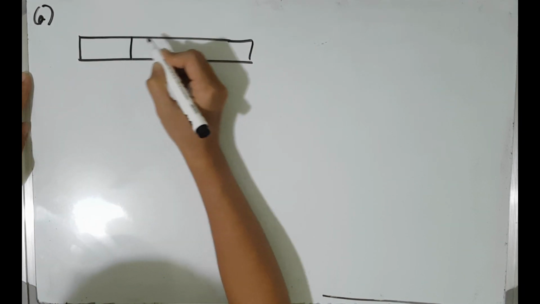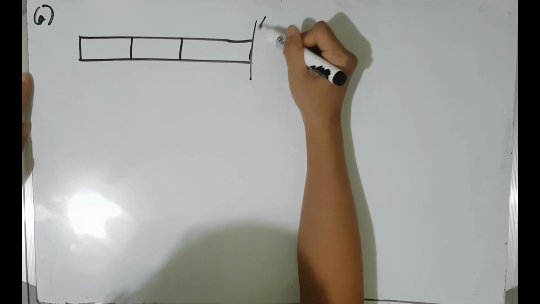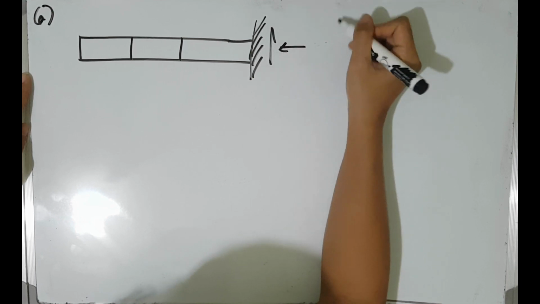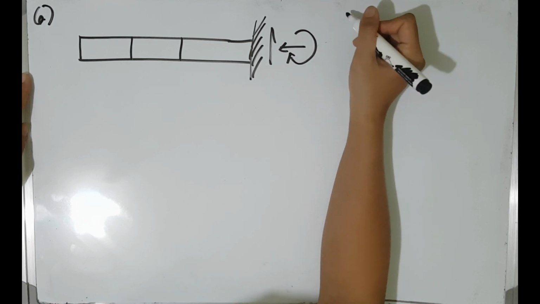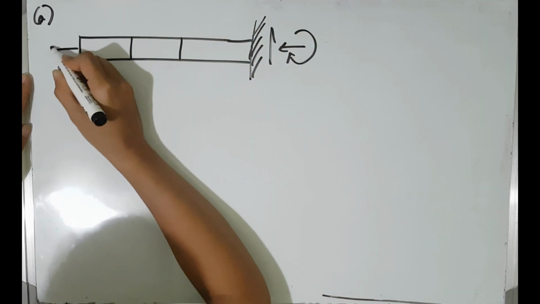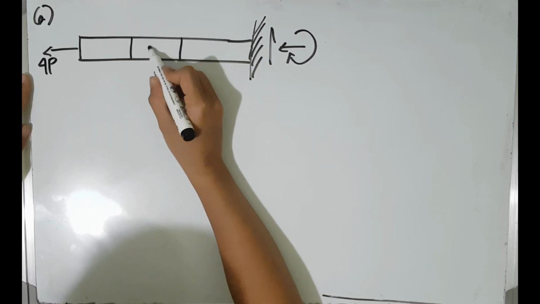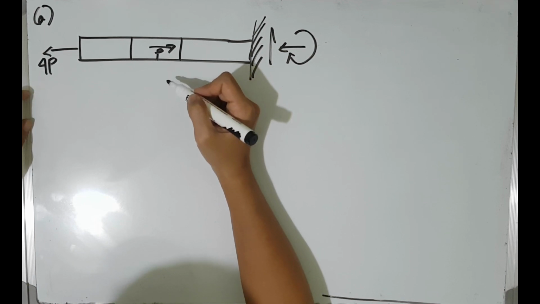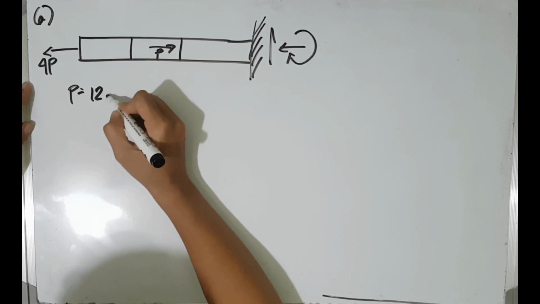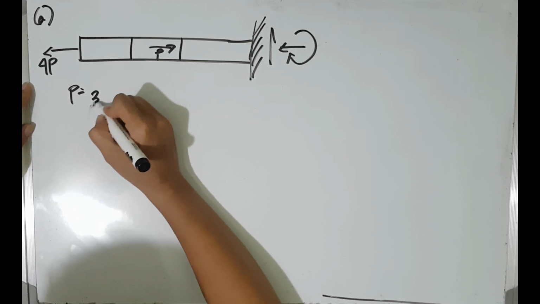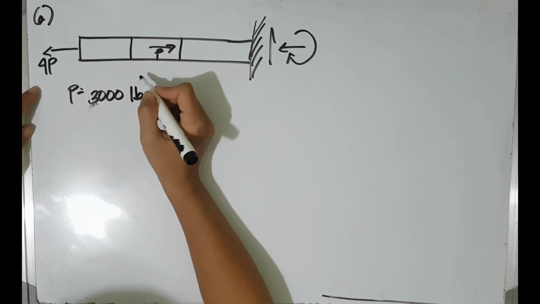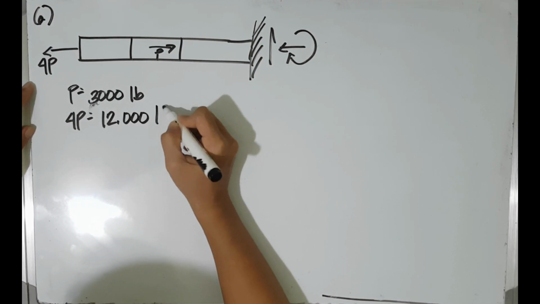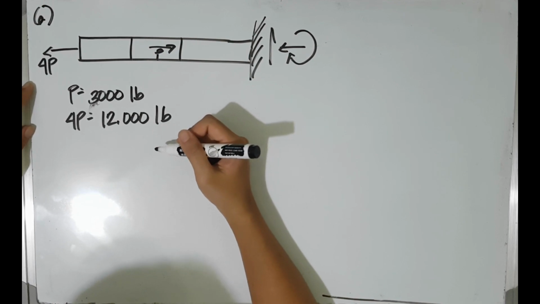So just like the first problem, we will just pass imaginary lines in each section, but here it is rigidly fixed, so there is a moment, vertical and horizontal reaction acting on the support, and there are external forces with P equal to 3,000 pounds, and another force of 12,000 pounds.